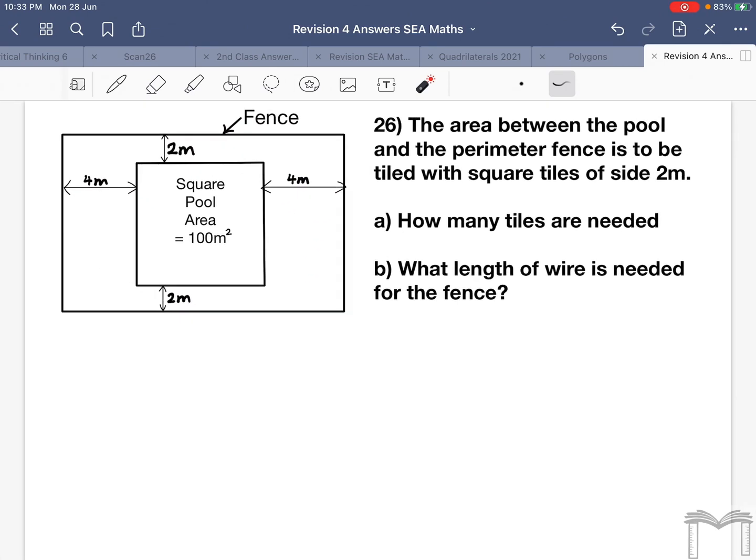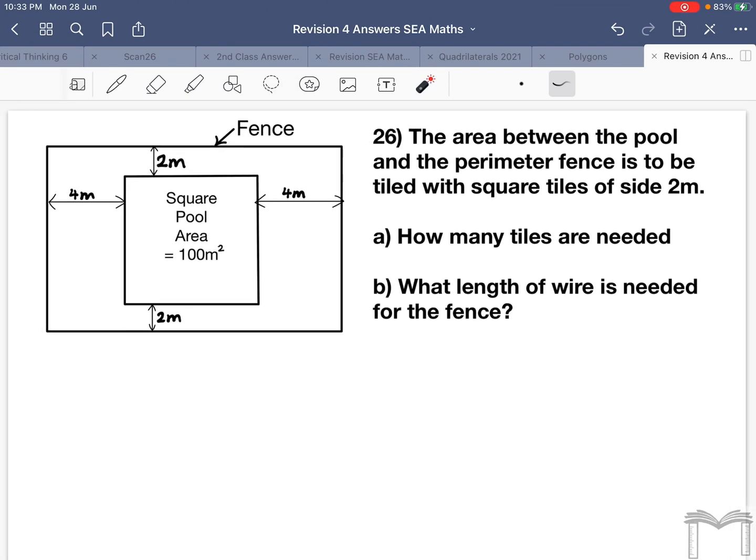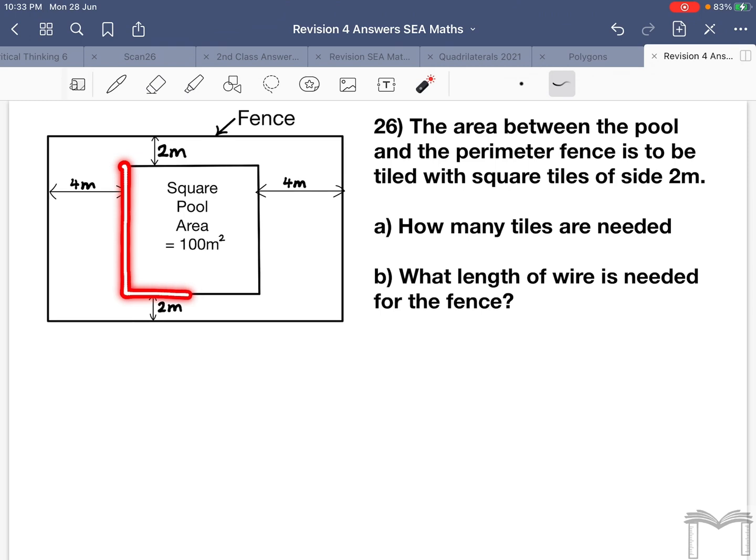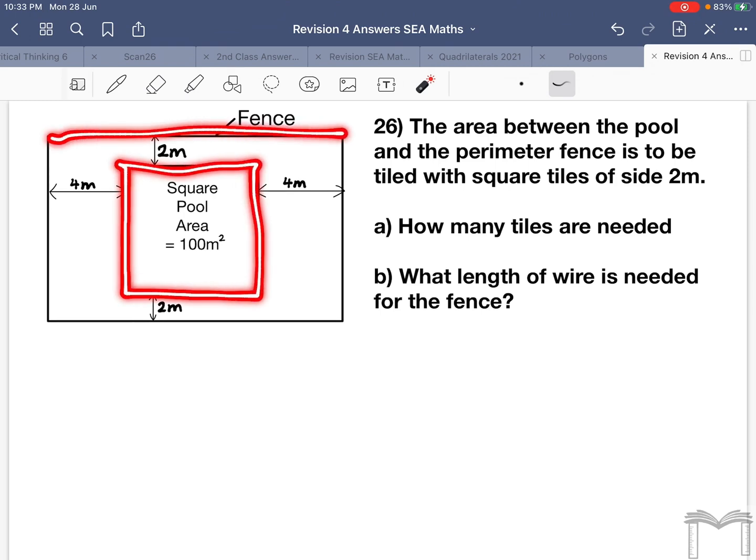Okay, part A. How many tiles are needed? So the approach for this question is to determine the area of the pool and subtract it from the outer rectangle area.